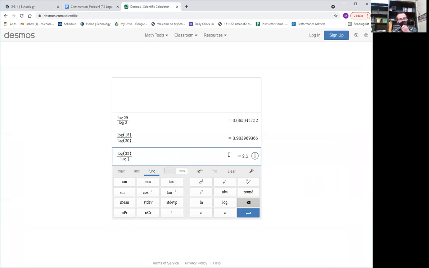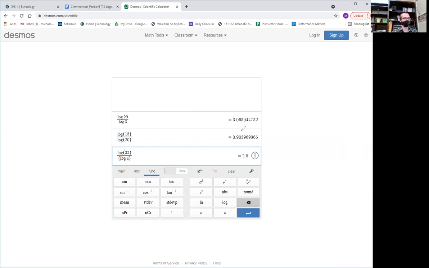Now, if you are using some other calculators, you might have to put parentheses around this bottom log right here when you're dividing. It all depends on your calculator. So if you're plugging it in and you aren't getting the right answer, the one that matches mine, then it's probably because you need to put parentheses around it.